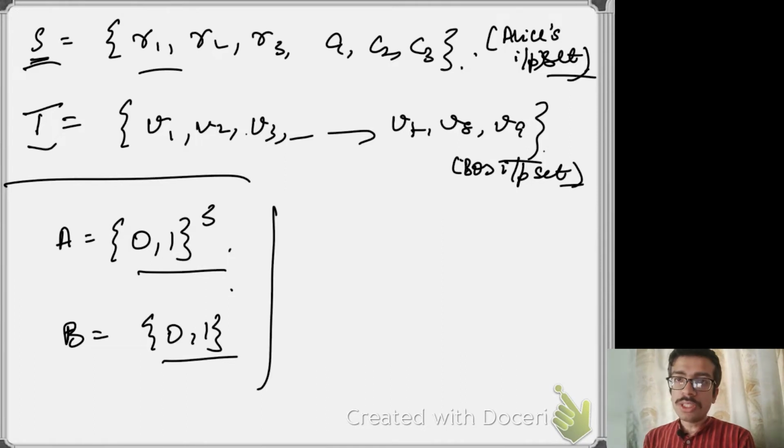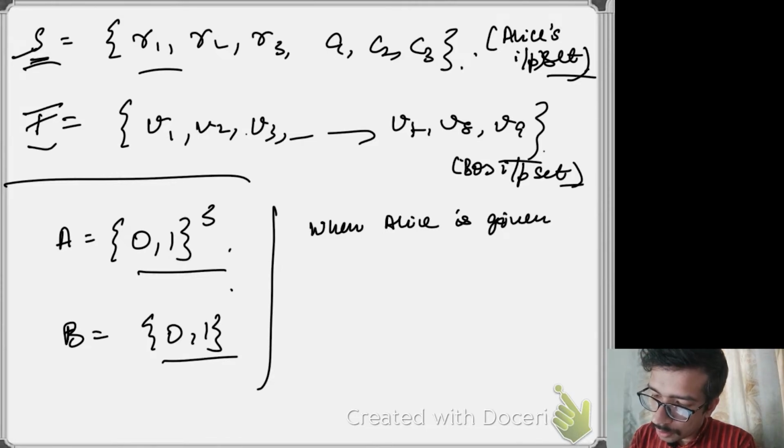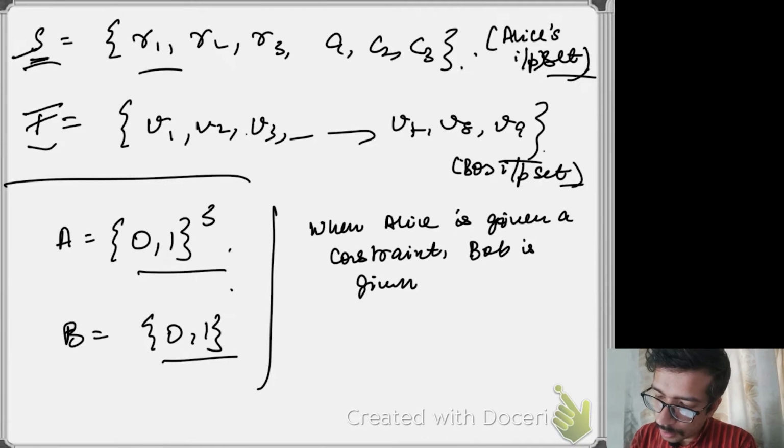And the inputs S and T are designed in such a manner that when Alice is given a constraint, Bob is given a variable from the same constraint.